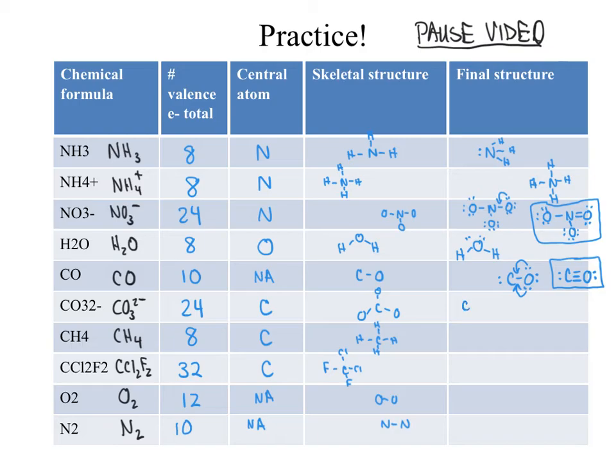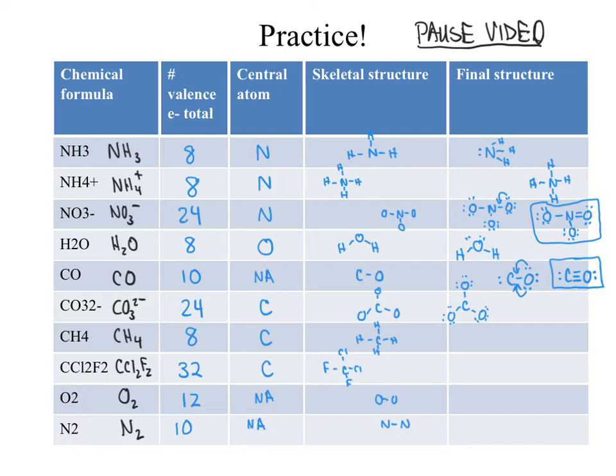So if I put them around the outside atoms, as I'm supposed to do, in pairs, 2, 4, 6, 8, 10, 12, 14, 16, 18, I end up with that. Now I check to make sure my central atom has 8 electrons around it, but it only has 6, 2, 4, 6. Each oxygen has 8.